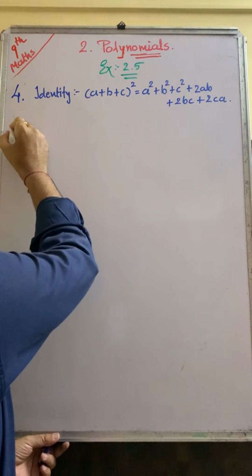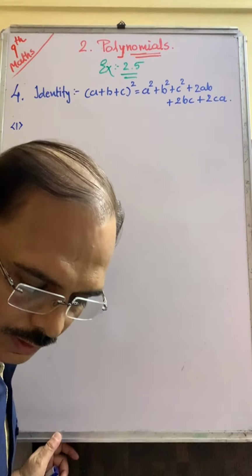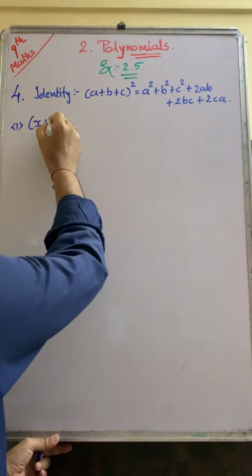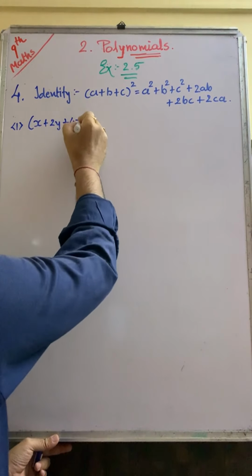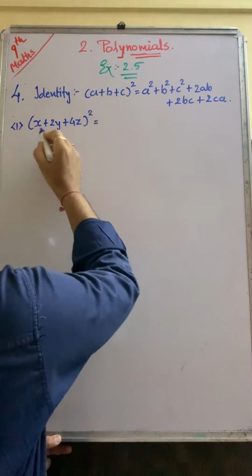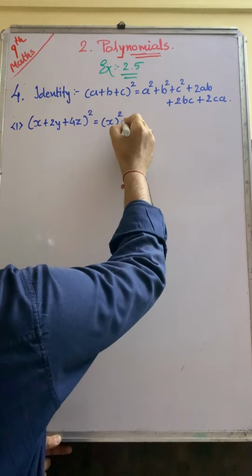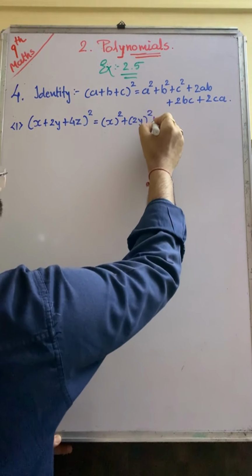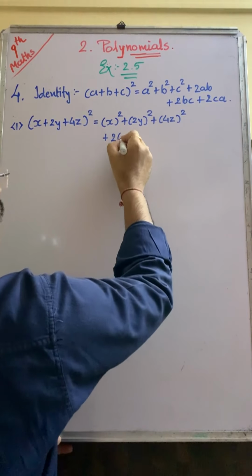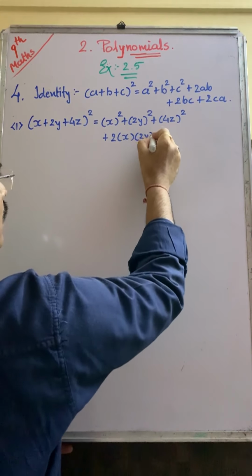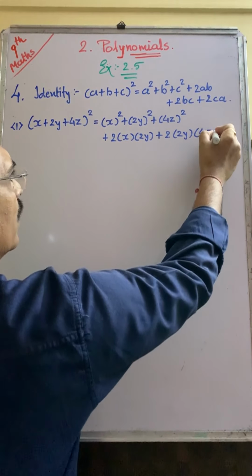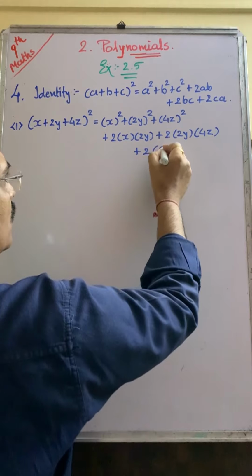Now first question, x plus 2y plus 4z the whole square, just like this. Okay, first term square plus second term square plus third term square plus 2a into b, x into 2y, plus 2b into c, 2y into 4z, and plus 2c into a.